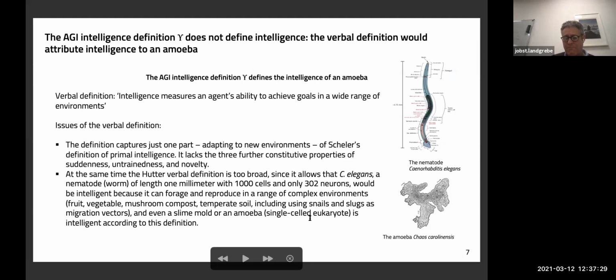So it would then already be intelligent. Even an amoeba, which is a single-celled eukaryote, here is a picture of Chaos caroliniensis, one of the first amoebas that were described in the early 1910s. It's a picture from 1910, and it shows the way it moves and changes its shape. So it's also intelligent according to this definition. Well, I wouldn't say an amoeba is intelligent, but according to this definition, it is.